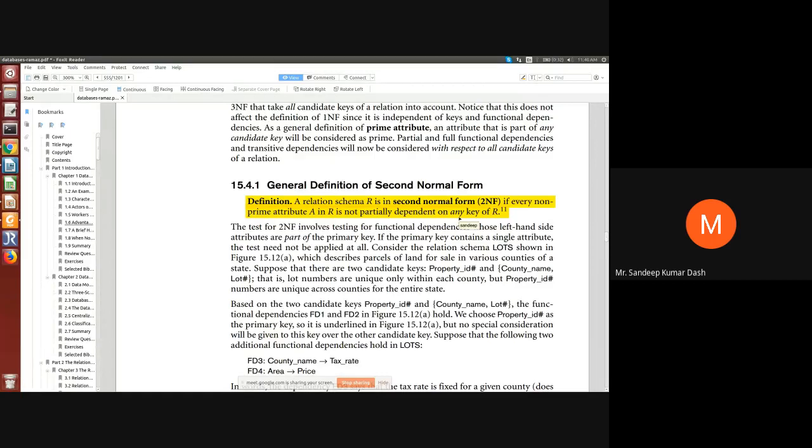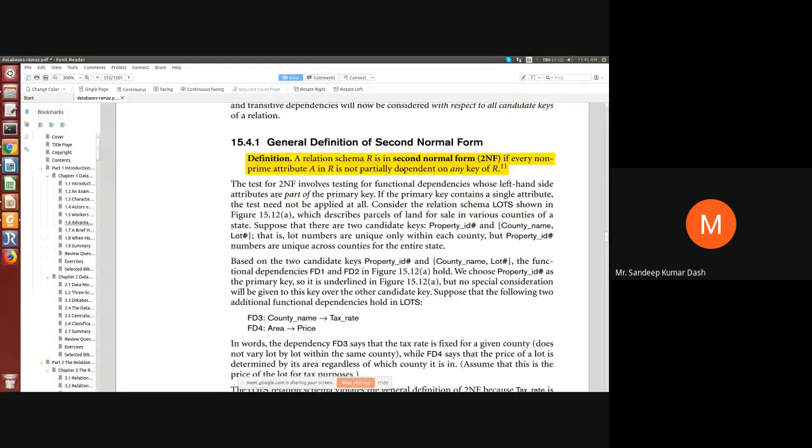It says that any non-prime attribute, if it is dependent on any key of R, it should be fully functionally dependent, not partial functional. It does not say anything about dependency on a non-prime attribute. It does not say that a non-prime attribute cannot be dependent on a non-prime attribute. It is silent about that part.